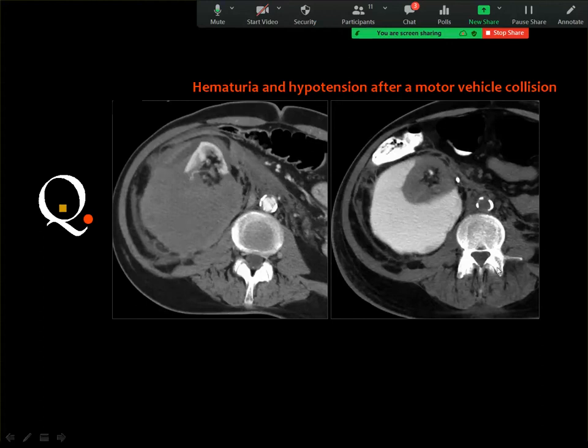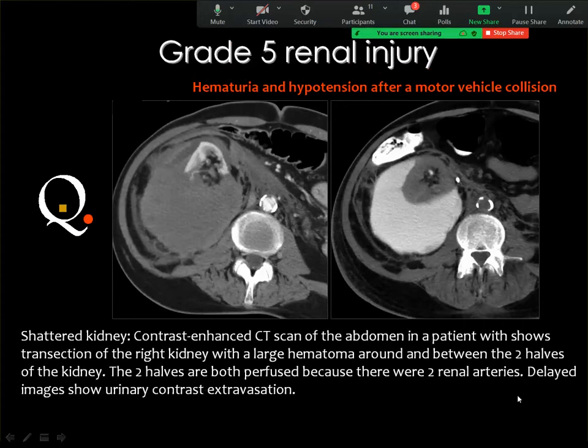The delayed film showed leakage of the injected contrast material within the collection around the kidney, and this corresponds to the diagnosis of urinoma.